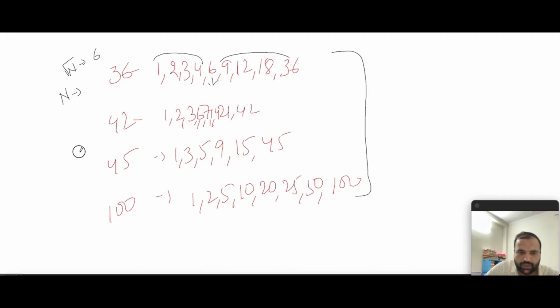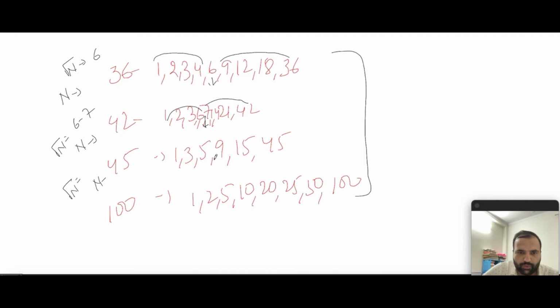Similar with 42. Let's say n is here. If we take the square root of 42, it will be somewhere between 6 and 7. You will see there are equal numbers of factors before and after. It will be the same with 45 as well. If we take the square root of n, it will be nearby 6.8, I believe, because 7 times 7 is 49 and 6 times 6 is 36.